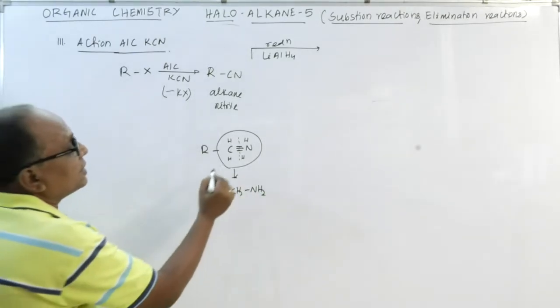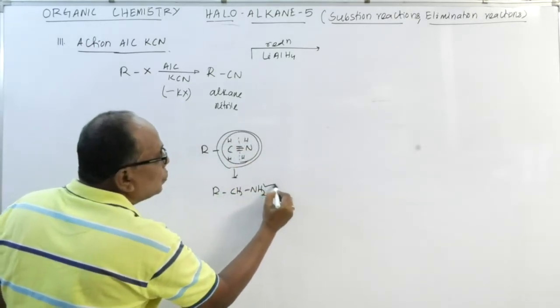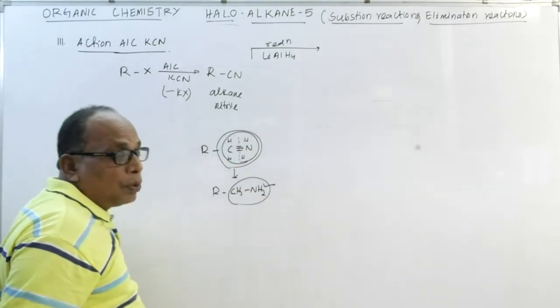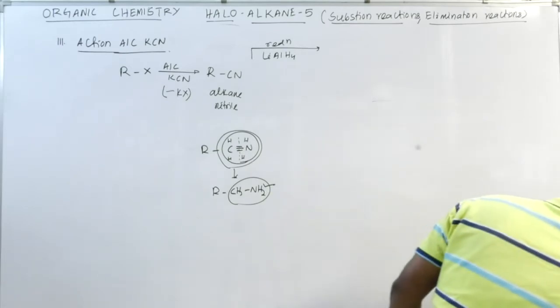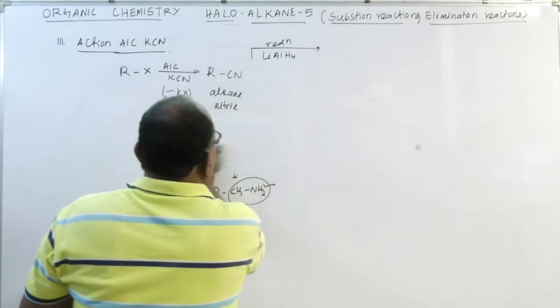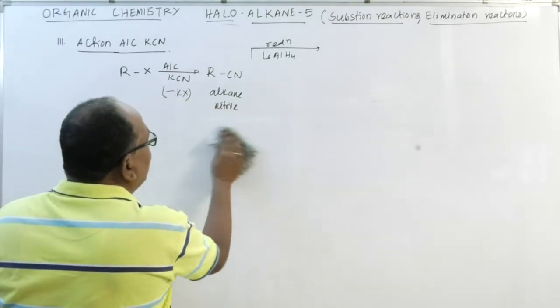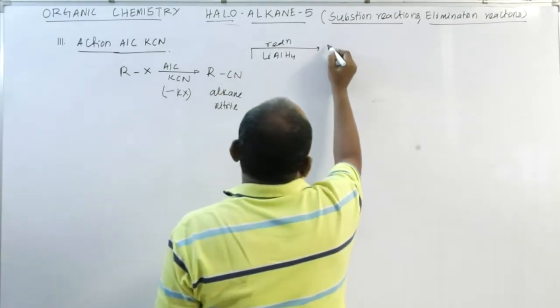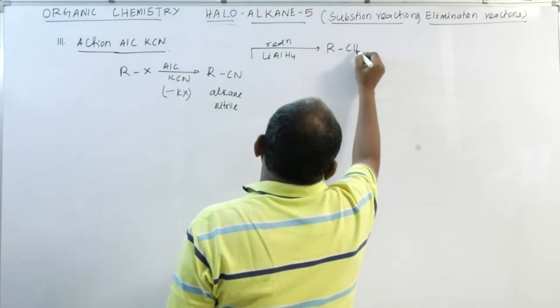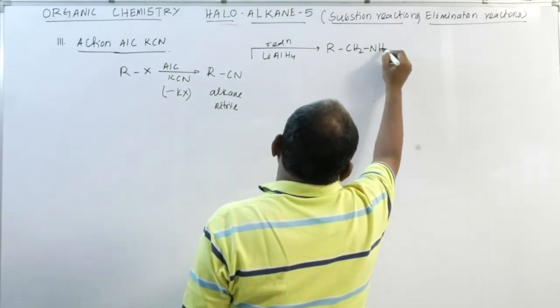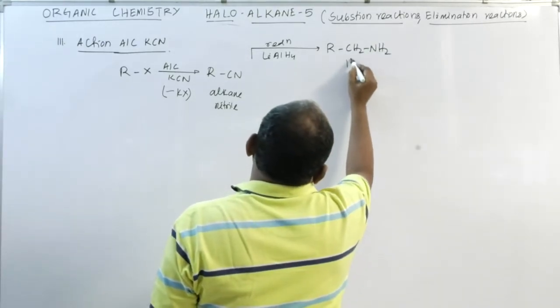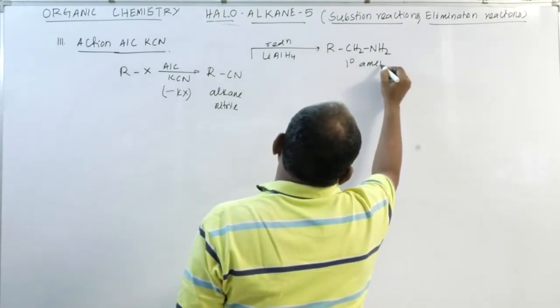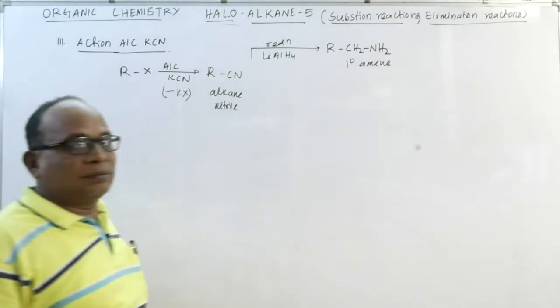That way the cyanide group is reduced to form a CH2NH2 group. So this cyanide group is reduced to give RCH2NH2. This is your primary amine.